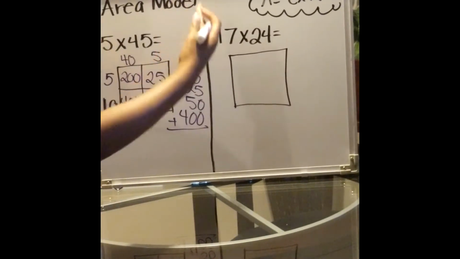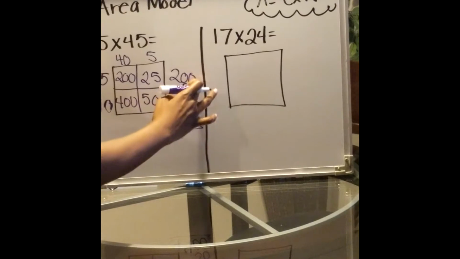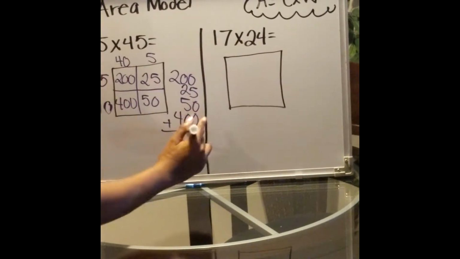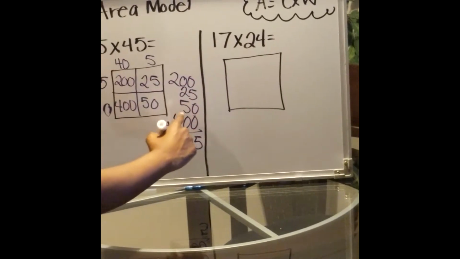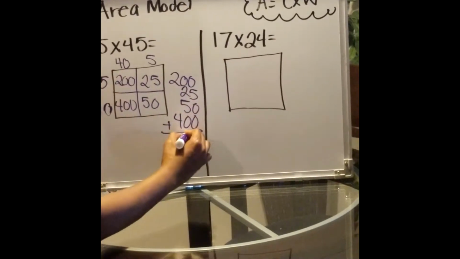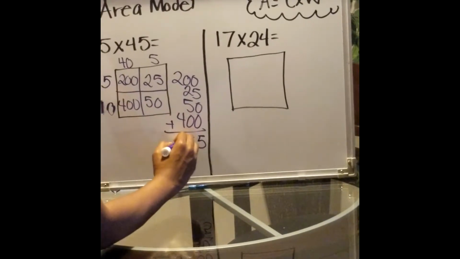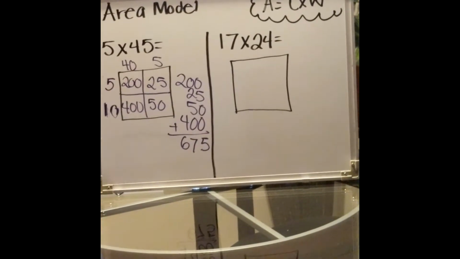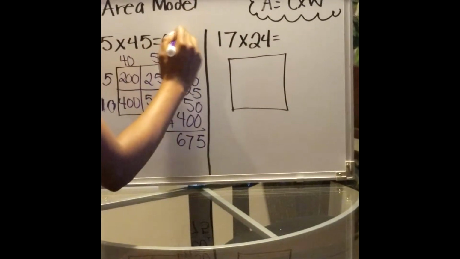I'm going to start to my right, and I'm going to add. 0 plus 5 plus 0 plus 0 is 5. 0 plus 2 is 2, plus 5 is 7. 2 plus 4, which is 6. So 15 times 45, my product is 675.